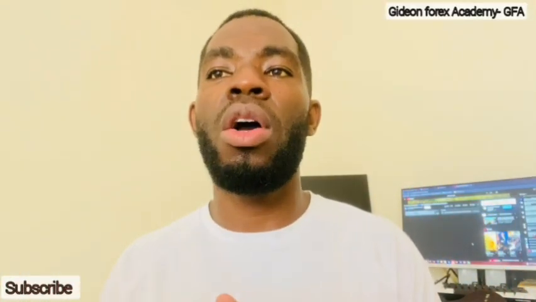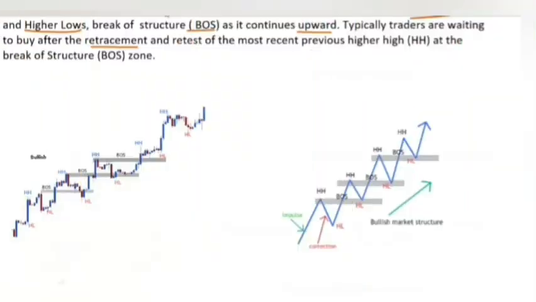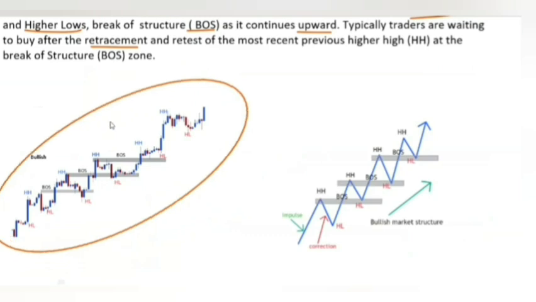Typically traders are waiting to buy after the retracement or the correction. At the swing low, that's where traders are looking to buy at a discount. In the real market, this is what you would see. This is a real market scenario that happened in retrospect in a bullish market structure. You have higher lows here and higher highs here.